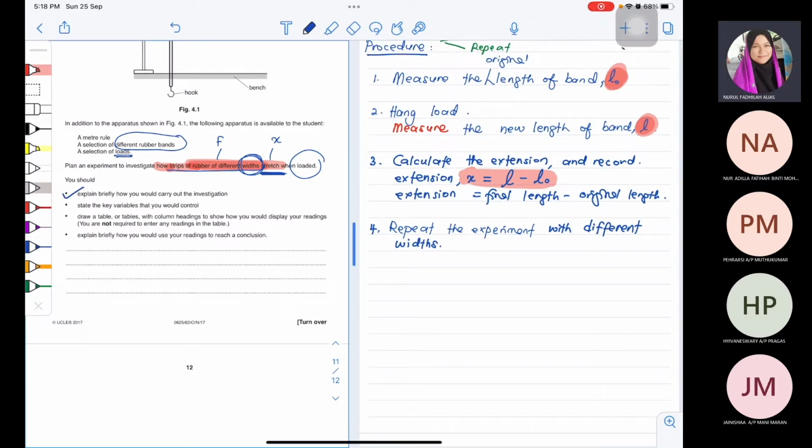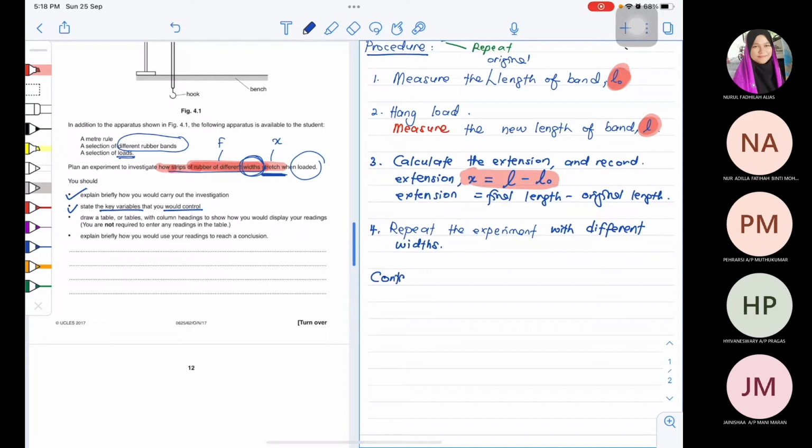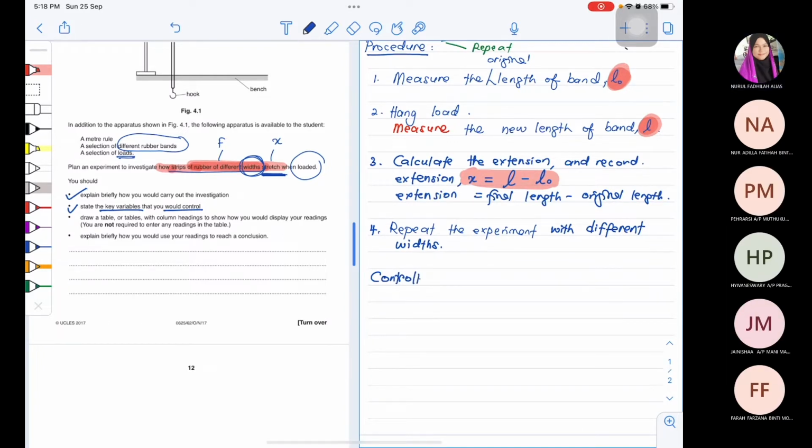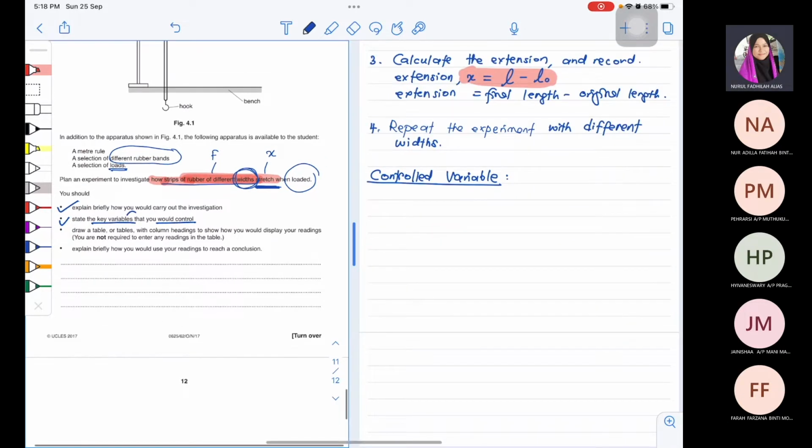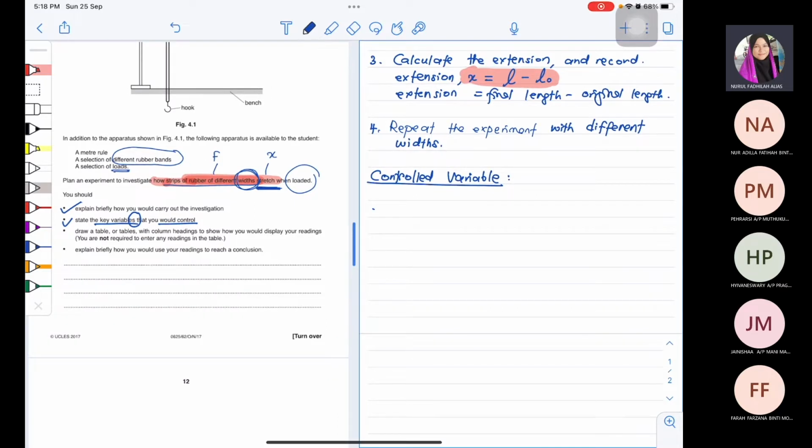Then state the key variables that you should control. So this is control. It seems like there is more than one. So if there is more than one, you should write all of them.